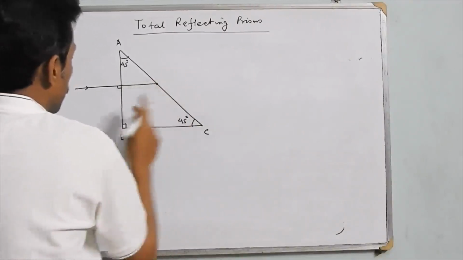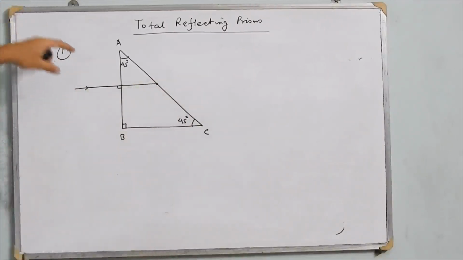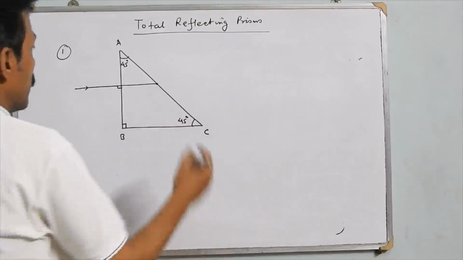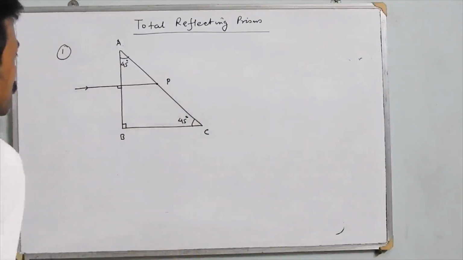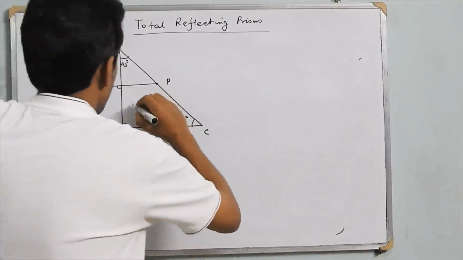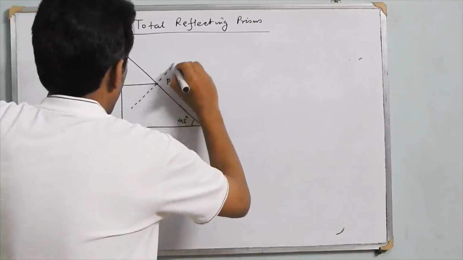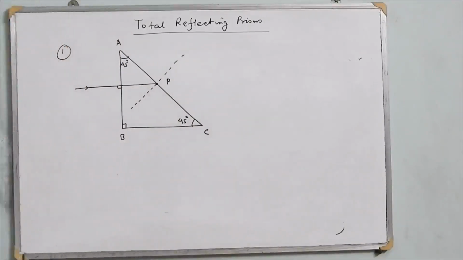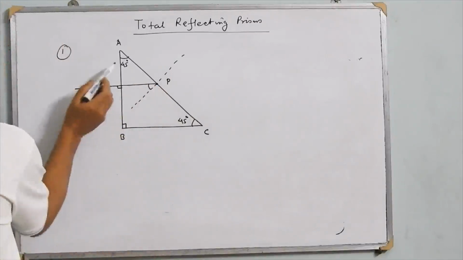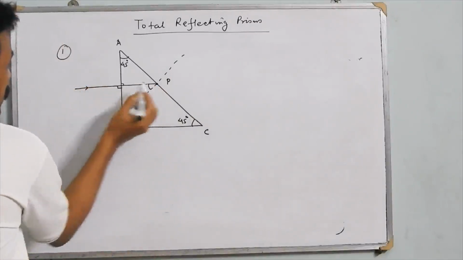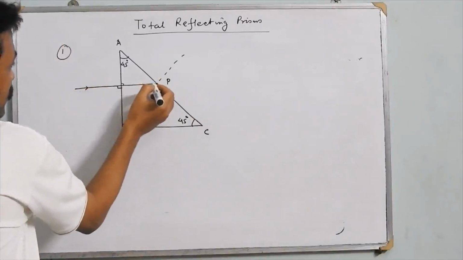And now this ray of light, after following its path, suppose it is incident at the point P of the face AC. So at the point P, if we draw a normal, we can find the angle of incidence. What will be this angle of incidence? So this is 45, this is 90, this is again 45.